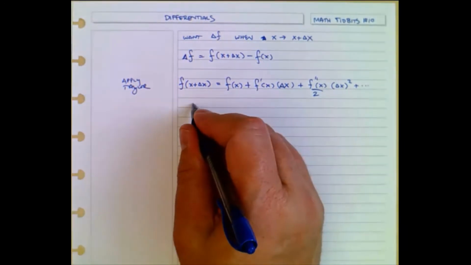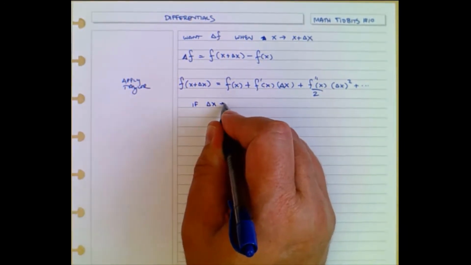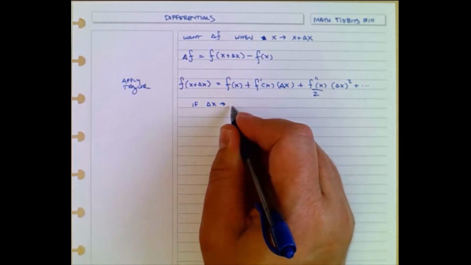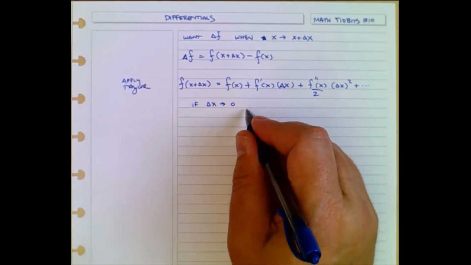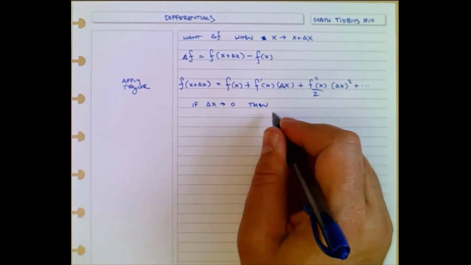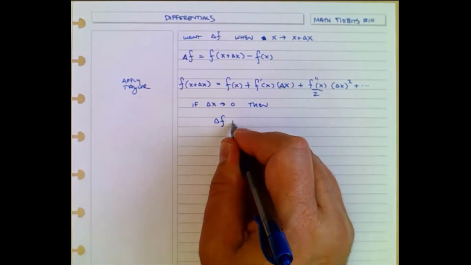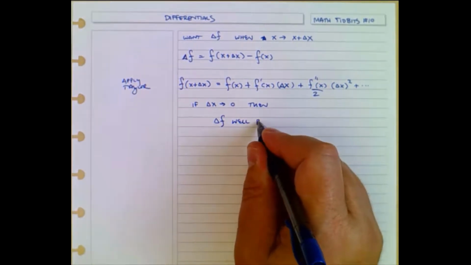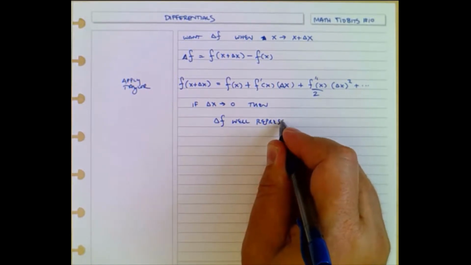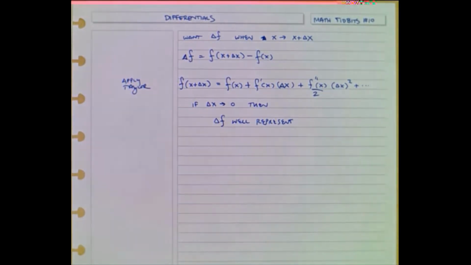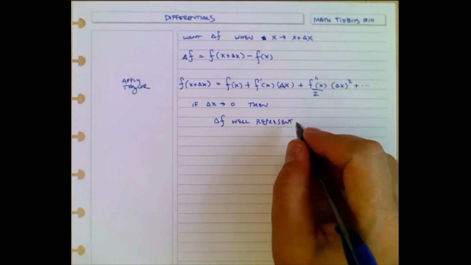Okay, so if delta x is small, then delta f is well represented. And the beauty of knowing Taylor's series is you can go to the next approximation if you need to.